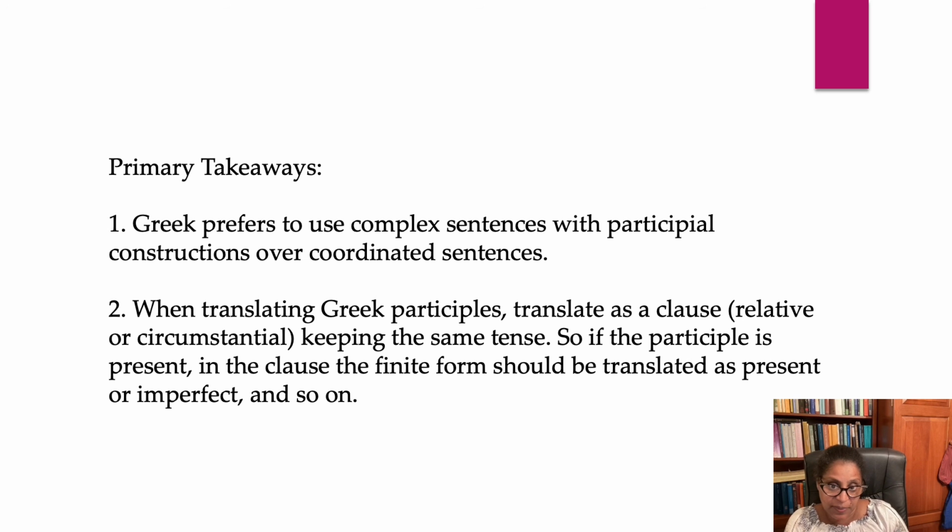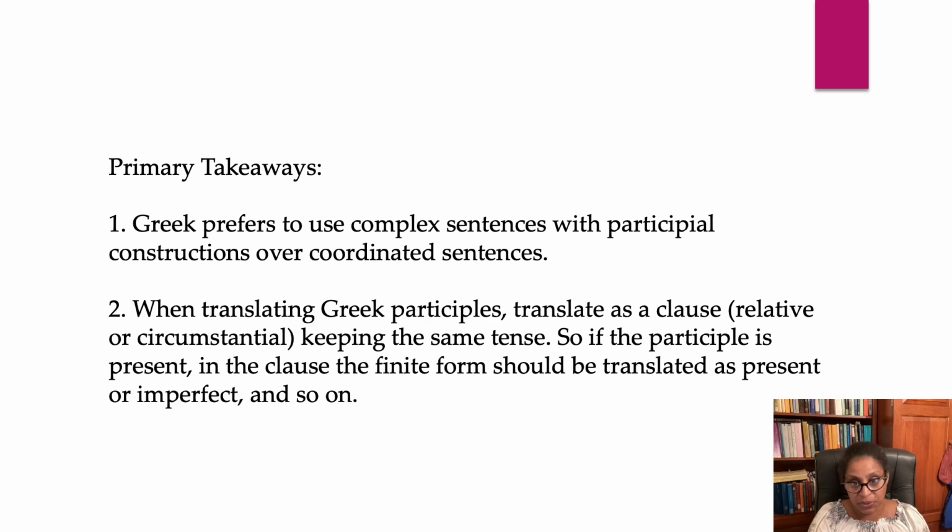So if it was an aorist participle, in the circumstantial English clause you would translate it as a finite verb, however you translate that aorist, okay? That's why I want you to avoid this whole issue of using "having done whatever," because, as I said, that will lead you not to see what's actually happening here, right?